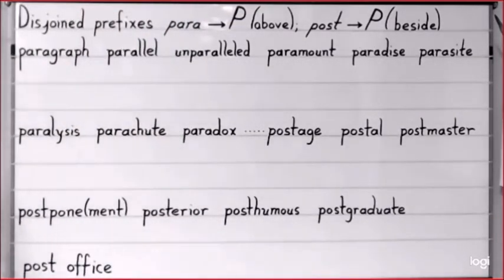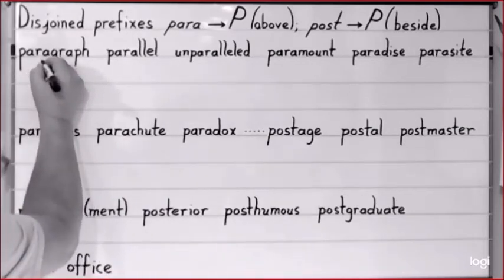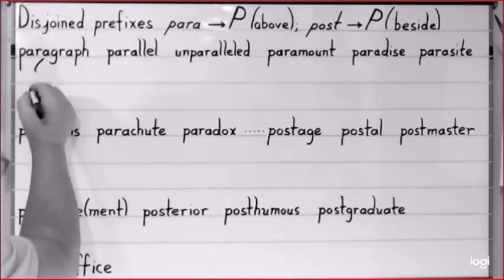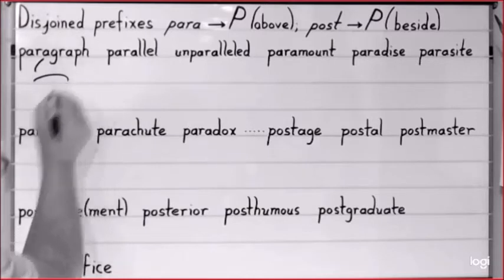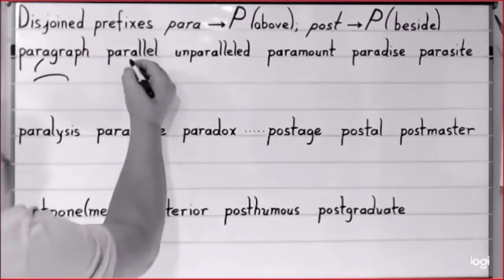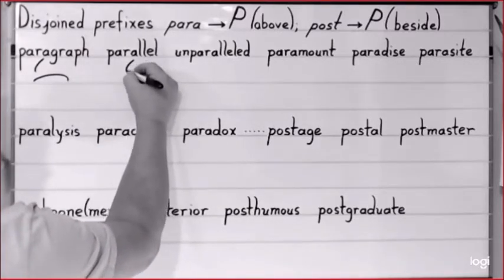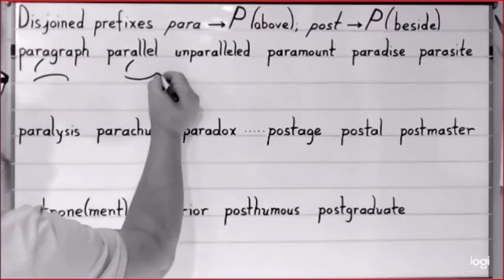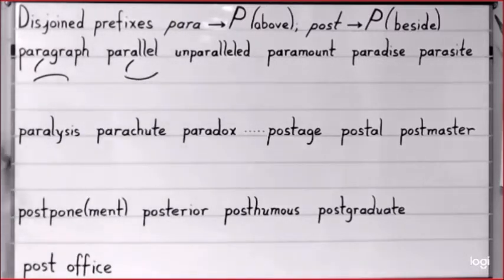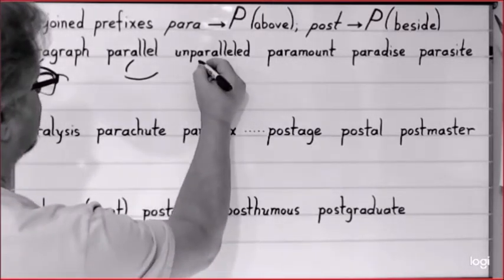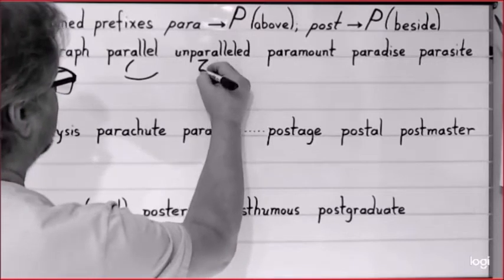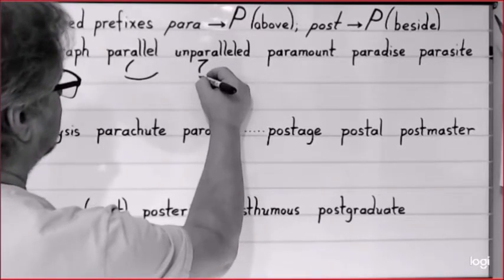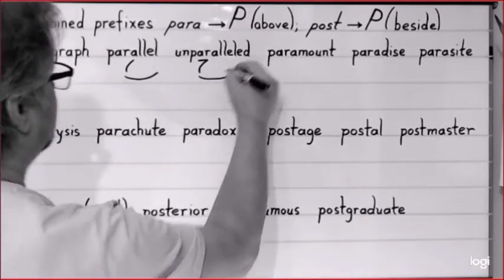The word paragraph, write the P, I here, and then a G. Parallel is a P, and then an L. Unparalleled, which is the negating cousin of parallel, is an N, and then a P, and then the L with a curved up D at the end.